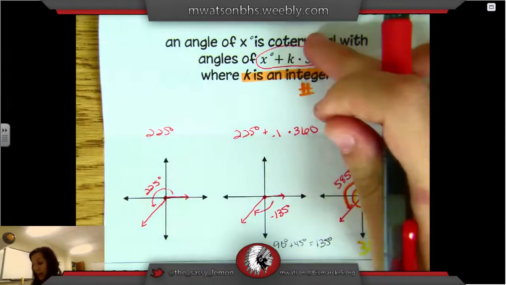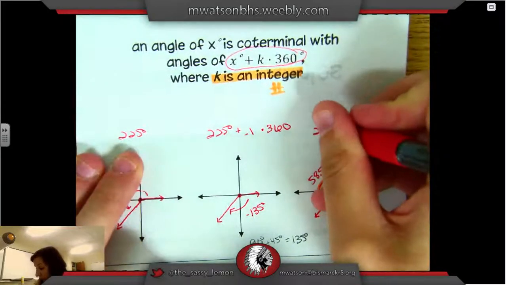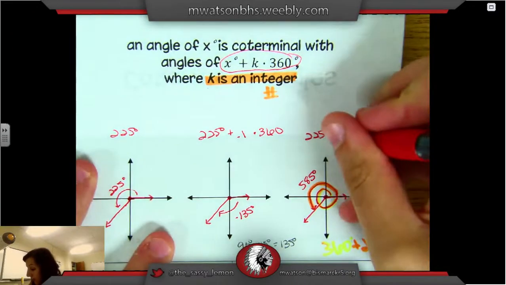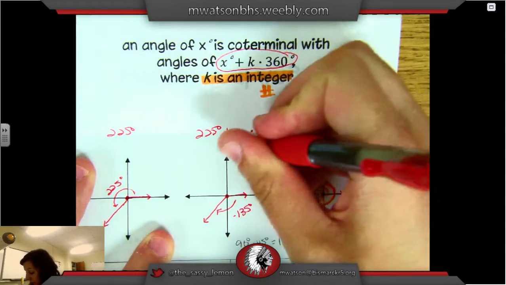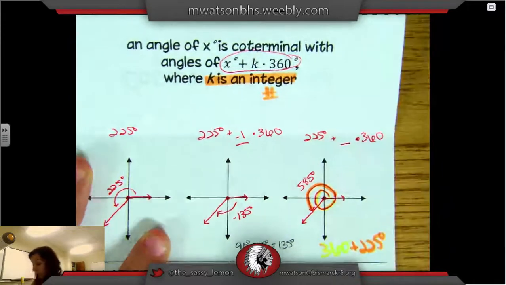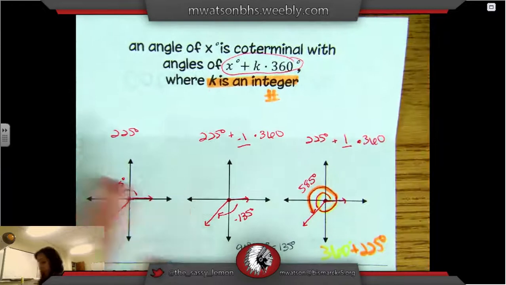Voila, it fits the definition. All right, let's go to this one. Take our original angle, 225 degrees, and this time we're going to add some number times 360. This time, what's our missing number? Well, hopefully you realize it's positive 1.